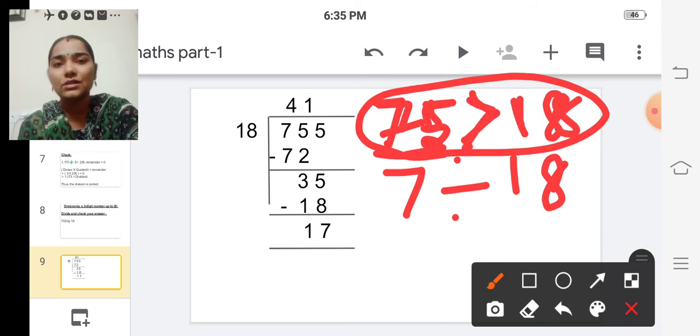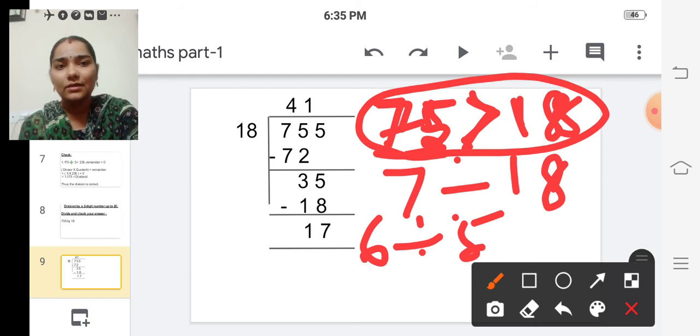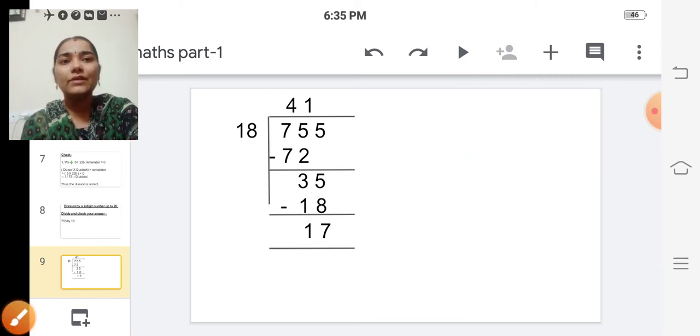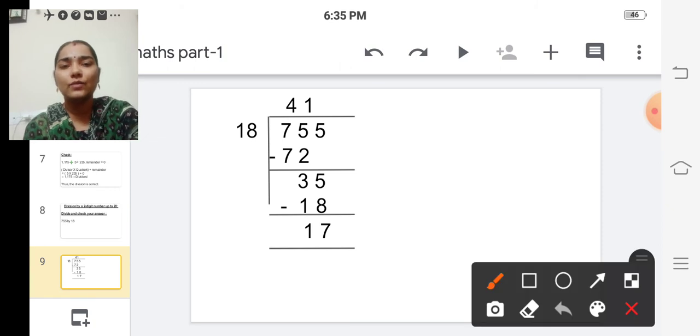That is, the first 2 digits must be greater than the divisor. Or if it is 6 divided by 5, then we can divide, because 6 is greater than 5. So we first have to check that the dividend is greater than the divisor. Here 75 is greater than 18, so we can divide.